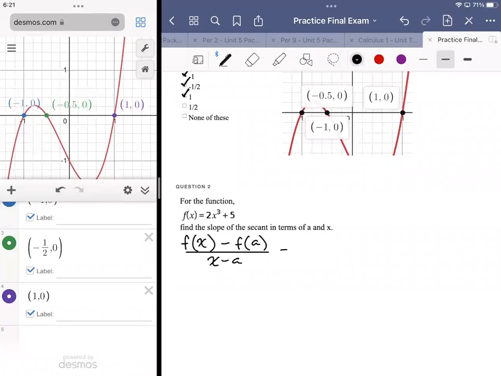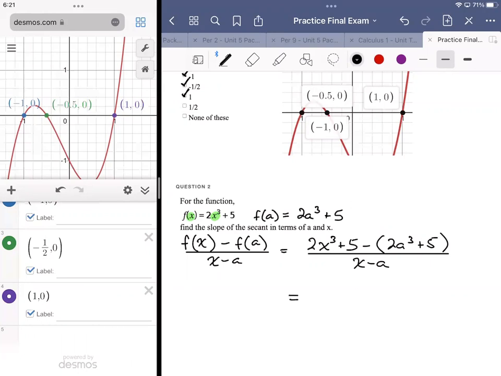All right. So f of a would be 2a cubed plus 5. All we're doing there is replacing the x in the original function with an a. So f of x is equal to 2x cubed plus 5, f of a is equal to 2a cubed plus 5, all over x minus a.